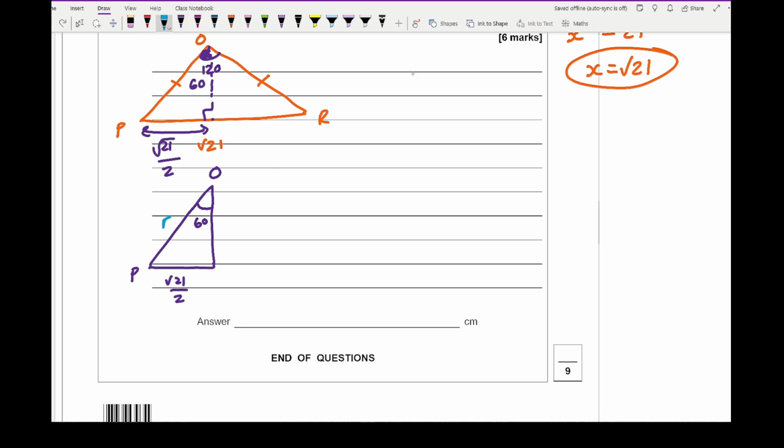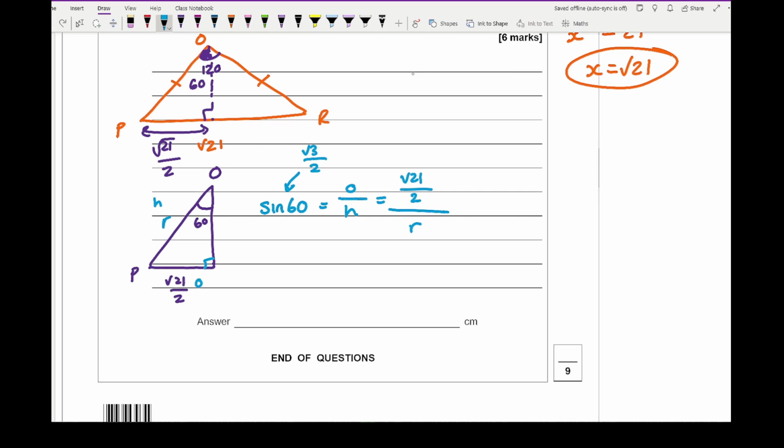Now from this, what we can then do is label the triangle. So I've got, this is my opposite, this is my hypotenuse. So which trig ratio uses O and H? Well, that's going to be sin. So I've got sine 60 equals opposite over hypotenuse, which is equal to root 21 over 2 divided by R. And sine 60 is an exact value of trig, which is root 3 over 2.